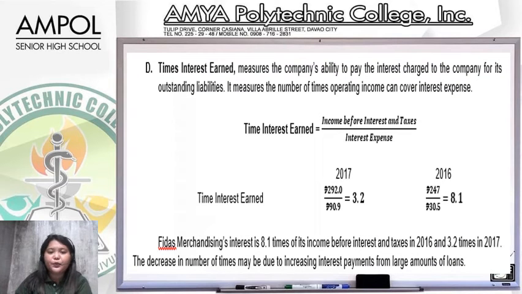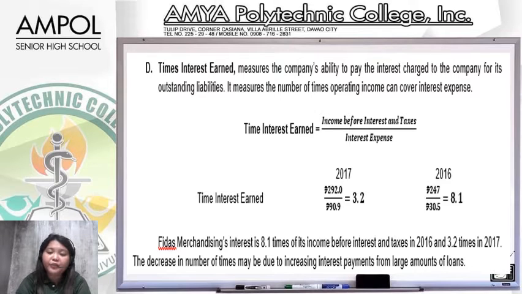So the fourth one is the times interest earned. So this measures the company's ability to pay the interest charged to the company for its outstanding liabilities. So it measures the number of times operating income can cover interest expense.